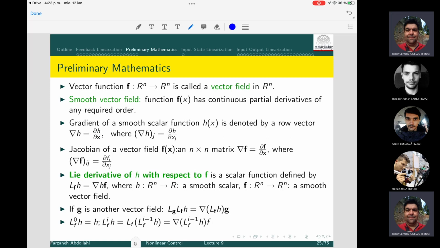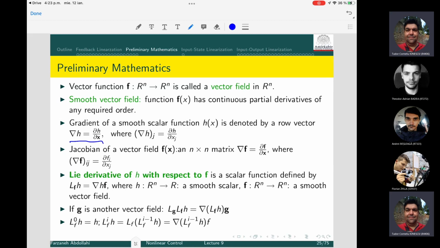You remember we used that also when we were discussing Lyapunov stability. The Lie derivative of h with respect to f is a scalar function defined by L_f h. So L_f h is dh/dx times f, or nabla h with the notation used here, times f, where h is a smooth scalar function and f is a smooth vector field.